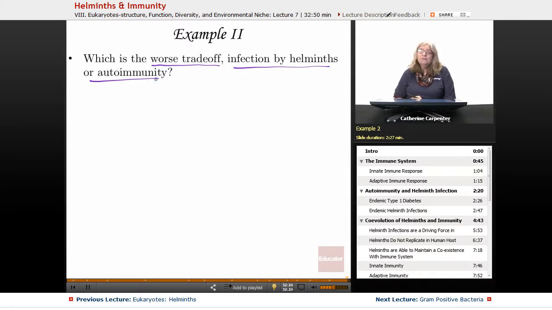So that might certainly be an interesting approach to potentially treating these diseases. Now, as an individual, would I ingest a pig whipworm? Well, I don't know, but maybe if I had Crohn's disease, I might consider it, because Crohn's disease is pretty serious. So in any event, that concludes our lecture for today.